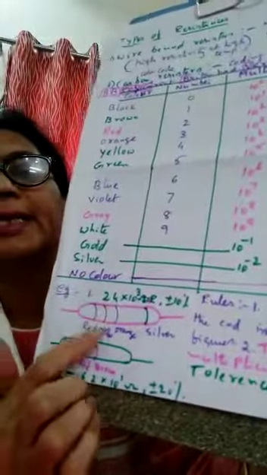Okay, like this. I'll show you. These are called carbon resistors. You know wire-bound resistors are nothing but simply wire. I told you examples: Constantan wire, manganese wire, and nichrome wire. Like that, only wire-bound resistances.